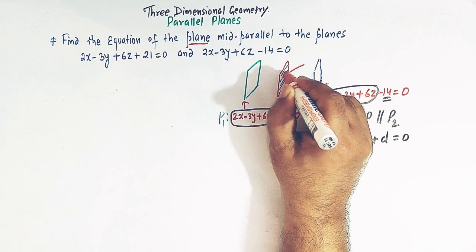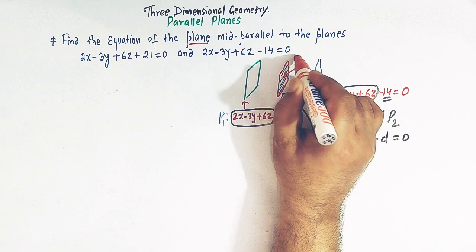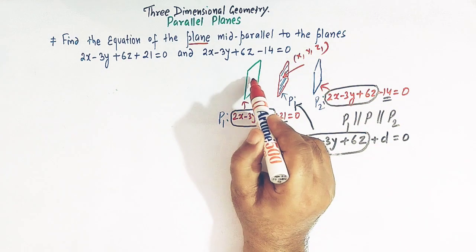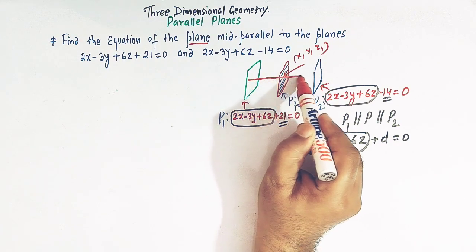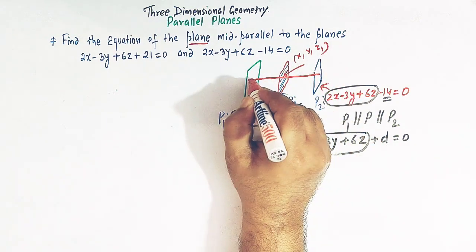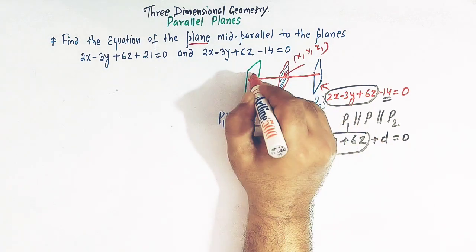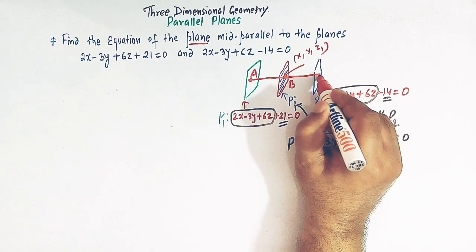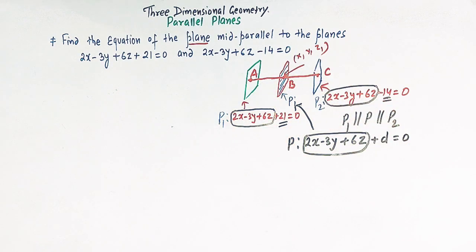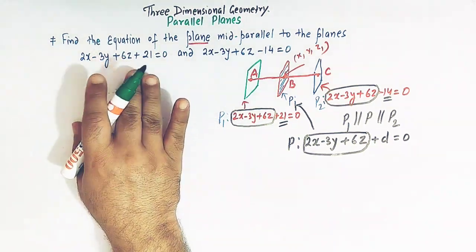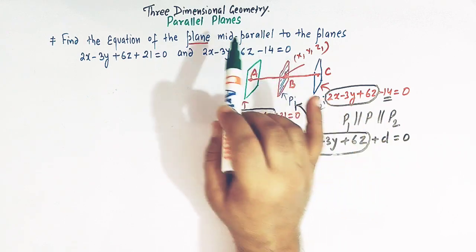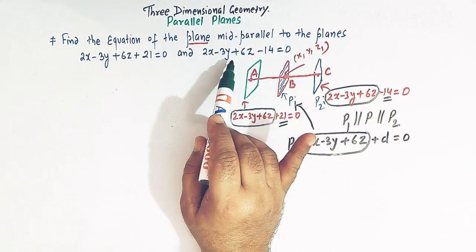Suppose the coordinates of this point are given by x1, y1 and z1, right? And let us draw a line like this. So here we have this point as say A, this point as B, and this point as C, right? So now in our given problem, we are given that this plane P lies mid-parallel to these two planes, right?